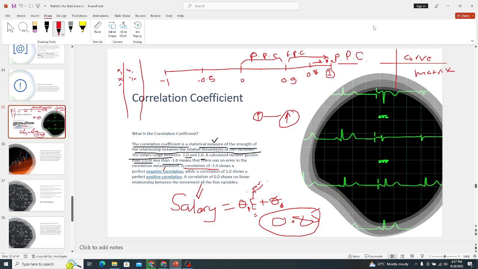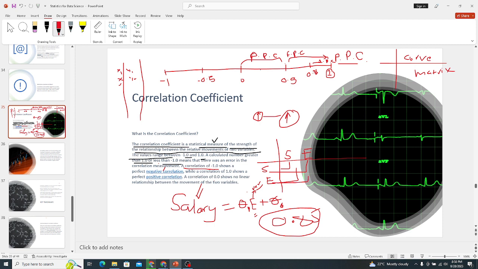So in that case, maybe you are given, for example, two variables: salary and experience. We'll check the covariance between salary and salary, salary and experience, experience and salary, and experience and experience.